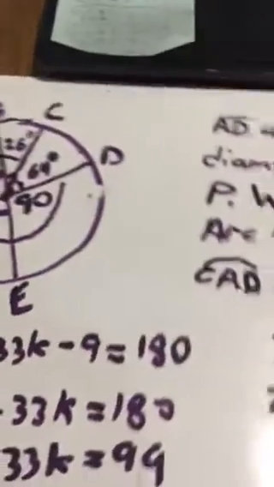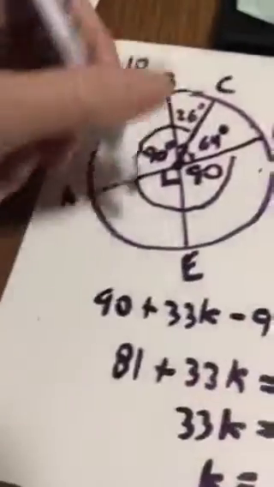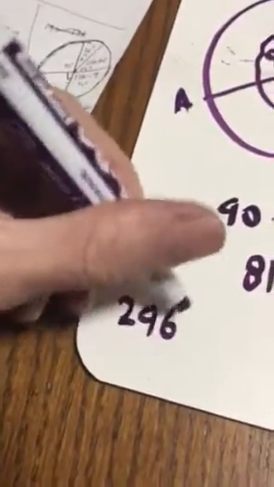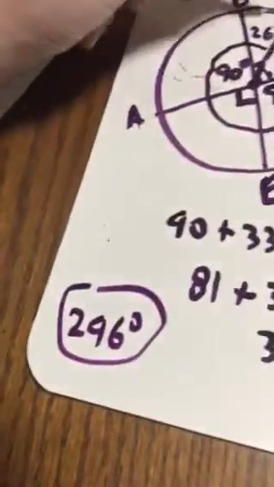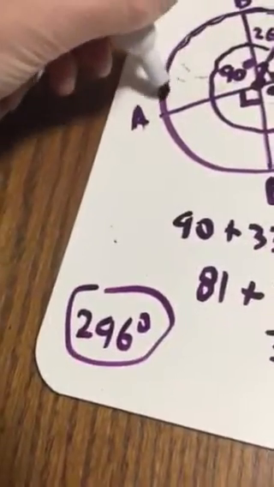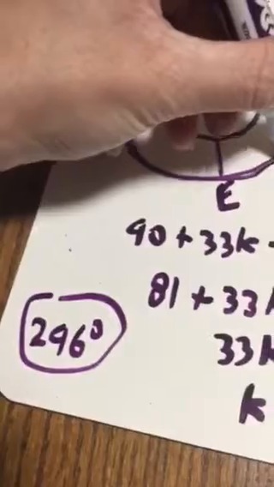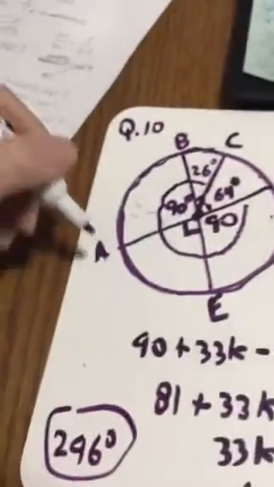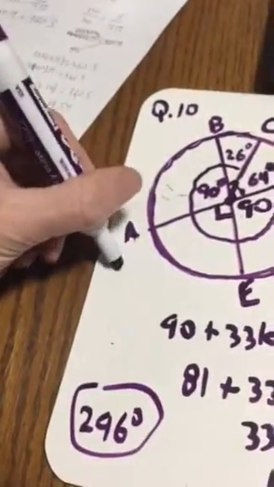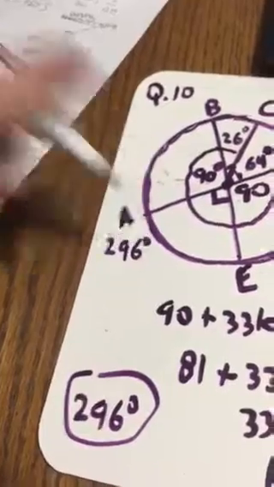That'll give you a total of 296. So the answer is 296 degrees. That's what they're looking for. So the arc measure for CAD is 296 degrees.